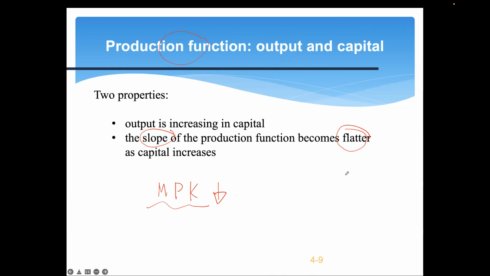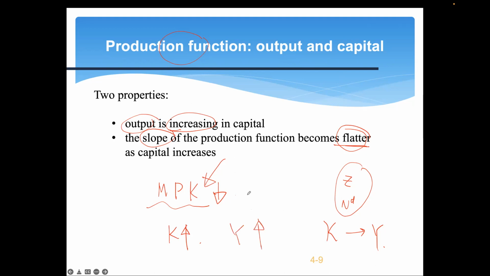Again, let me emphasize, we take Z and N as given and only focus on the relationship between K and Y. First, the slope is declining: the curve is getting flatter and flatter, which is linked to MPK, coming in the following slide. On the other hand, output is increasing in capital. The more capital you have, the more you produce. It's very intuitive.